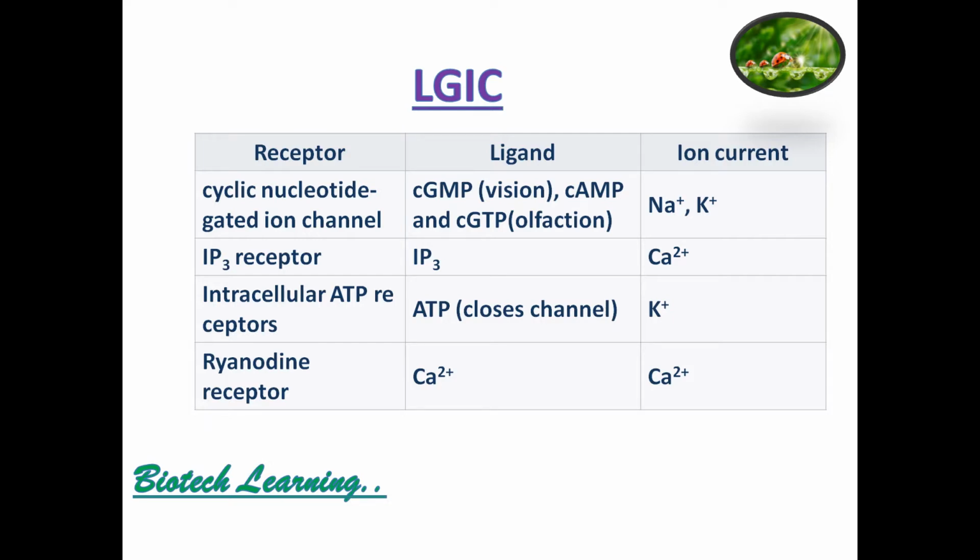So when ATP binds to these receptors, the flow of ions that is controlled here is that of potassium. And you have ryanodine receptor. Here the ligand and the ion current both are calcium ions. So that's a rare case. In most cases, the ligand which binds to the receptor is totally different from the ions that flow through the ion channel.